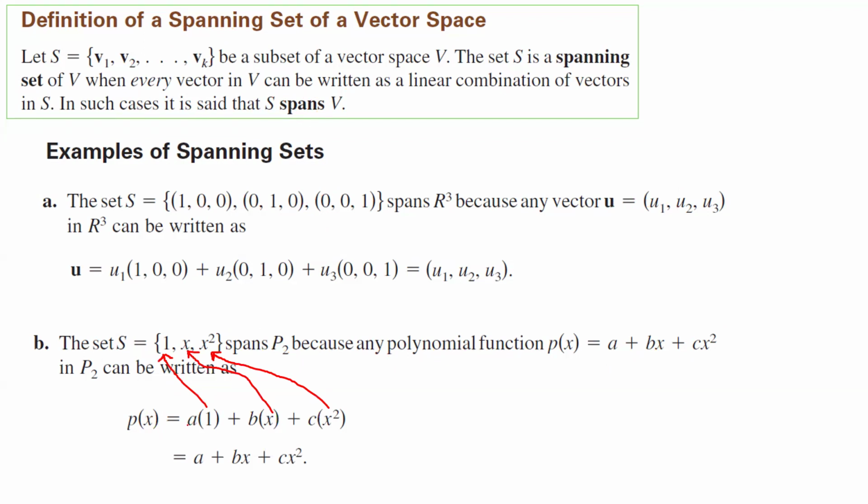We can basically take some scalars a, b, and c, and multiply those by these vectors 1, x, x squared. These are not usual vectors that you saw in calculus. These are new objects, a new representation for vectors, but we need to accept that these are vectors. So this is vector 1, vector x, and vector x squared. And if you just do the multiplication, you get p of x back.